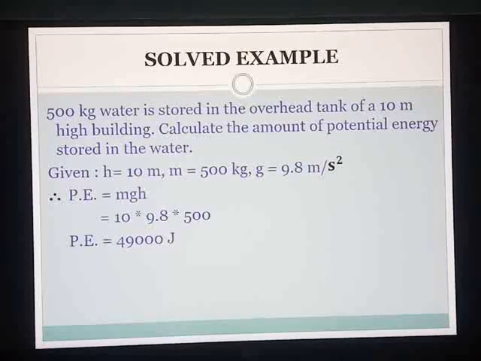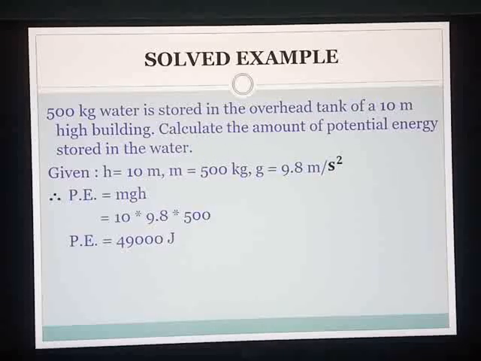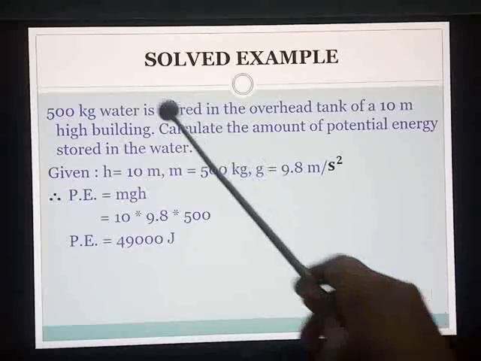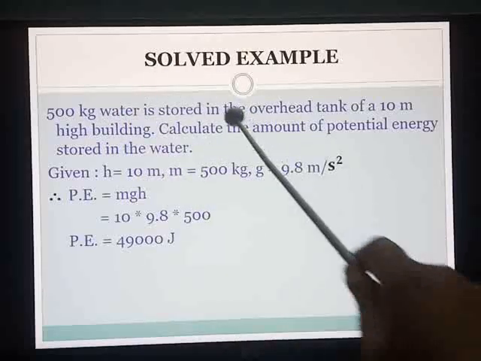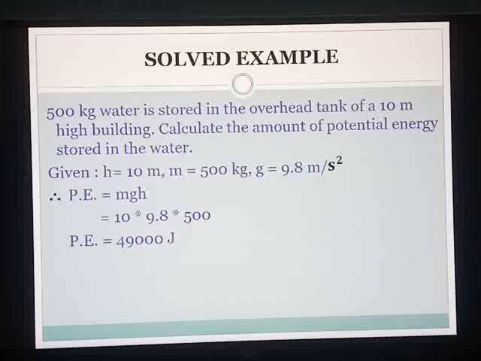Now as we have seen how the kinetic energy formula is applied in solving a numerical example, similarly here we are going to see how the formula for potential energy is applied in solving a numerical example. The example states: 500 kg water is stored in the overhead tank. Now see, tank is overhead, means at a certain height.